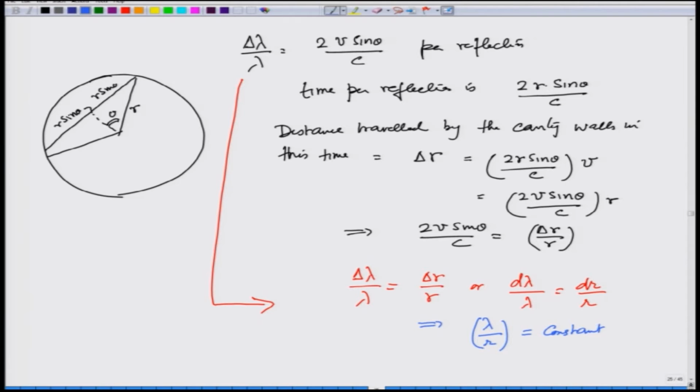Let us check that. Lambda equals c times r, d lambda is equal to c dr, d lambda over lambda is equal to c dr over cr, which is dr over r. So, this checks. Lambda over r is a constant.